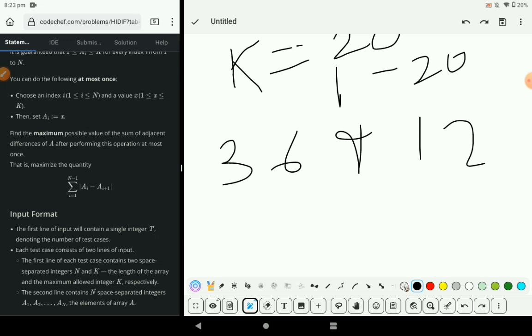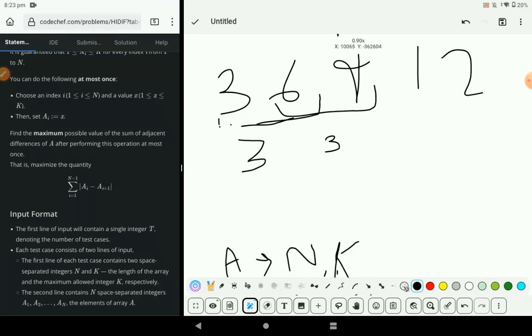First of all, let's find the difference. 3 minus 6 gives us 3, and 6 minus 9 also gives 3.